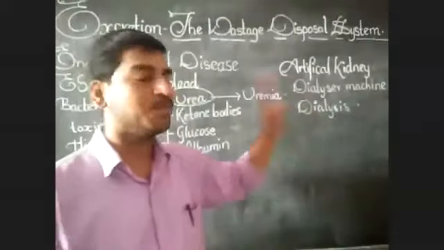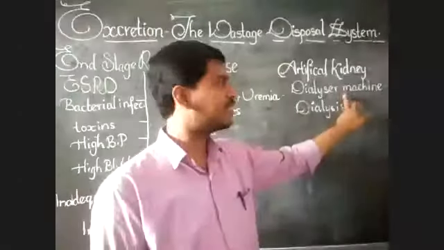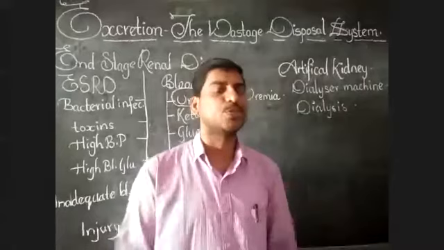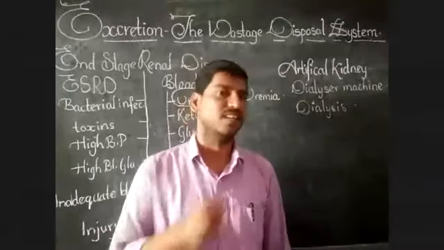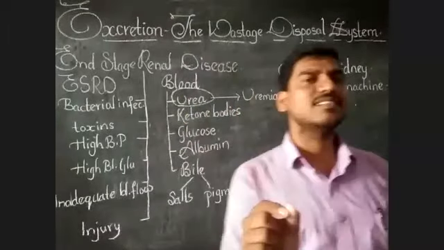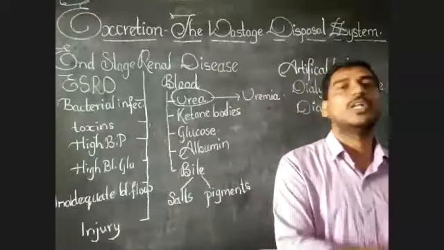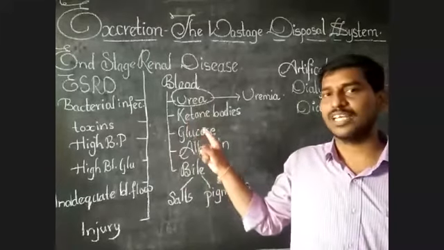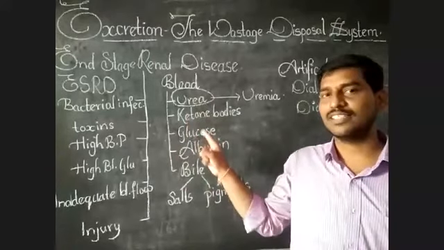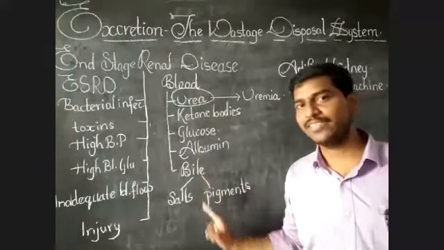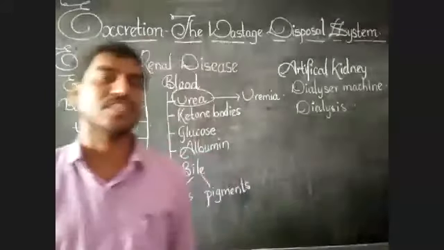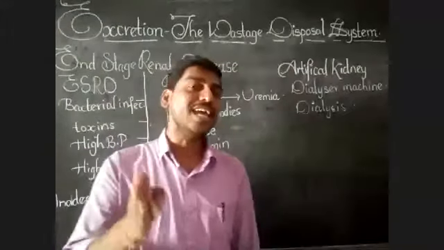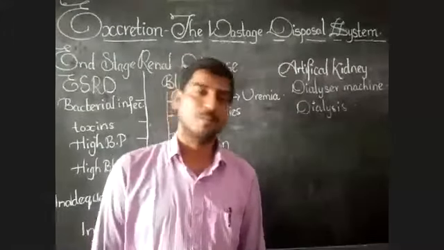So now let us come to dialysis. The dialysis machine works under the principle of dialysis. Now, what does dialysis actually mean? Dialysis is the separation of small molecules, like urea, ketone bodies, glucose, albumin, bile salts, and bile pigments, from large molecules through a semi-permeable membrane.